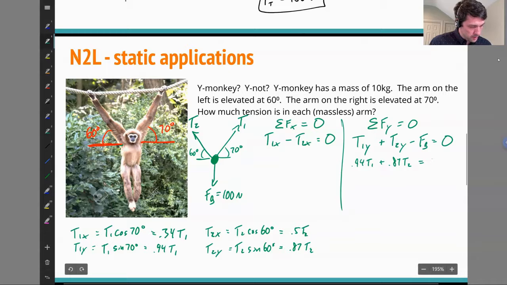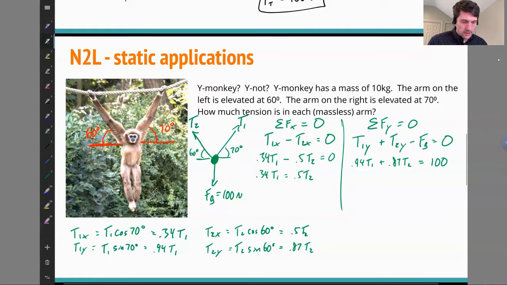So those two combined equal 100. In the x direction, we've got T1x, so that's 0.34 T1, pulling to the right, minus T2x, which is 0.5 T2, pulling to the left, equals 0. So 0.34 T1 equals 0.5 T2.